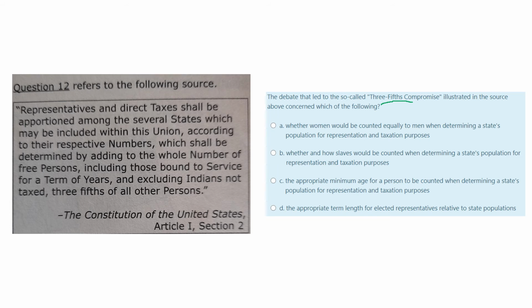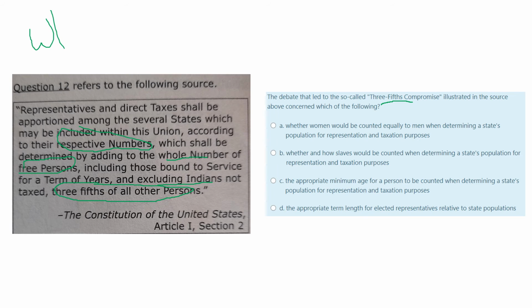So representatives and direct taxes shall be apportioned among the several states which may be included in the Union according to their respective numbers, according to their population, which shall be determined by adding the whole number of free people and excluding Indians not taxed, and 3/5 of all other people.